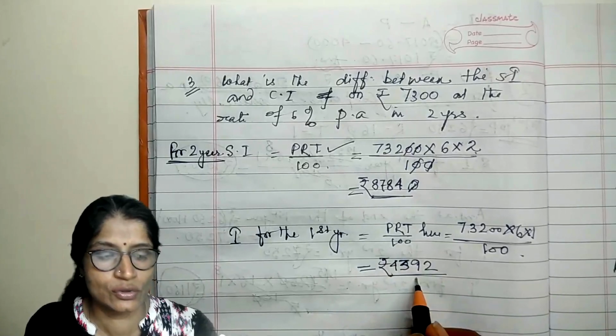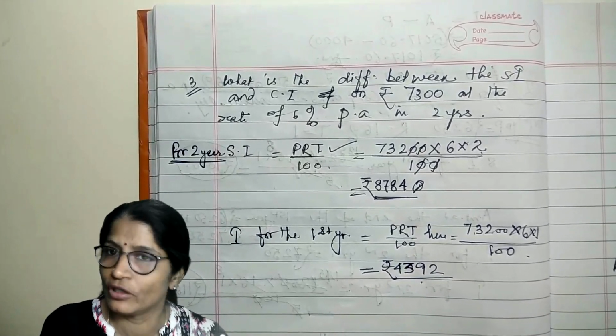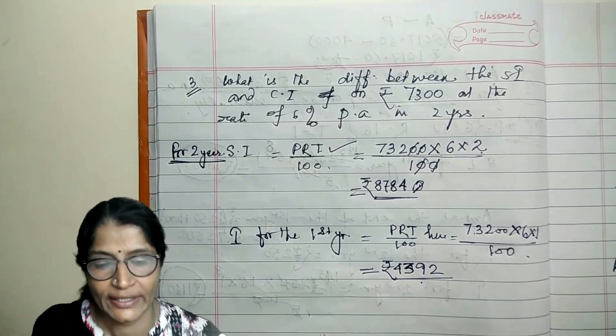Now this will be added to the principal so that it will become the amount for the first year and the principal for the second year.